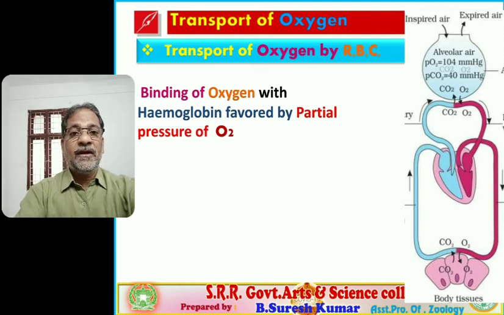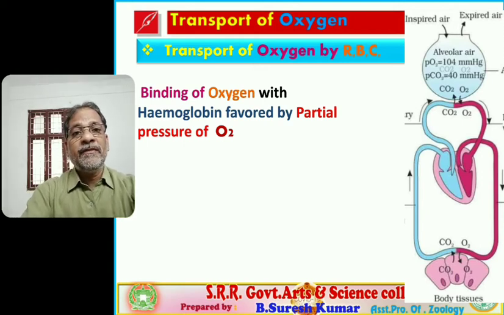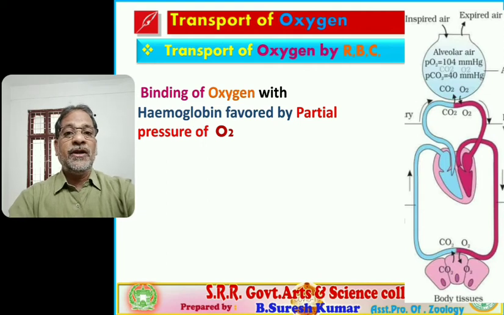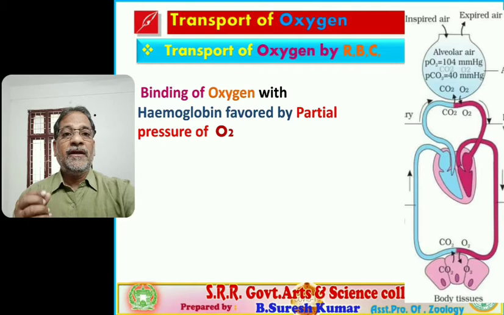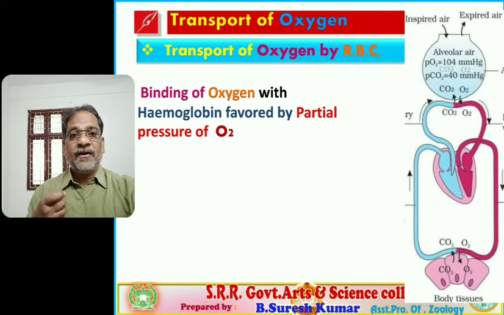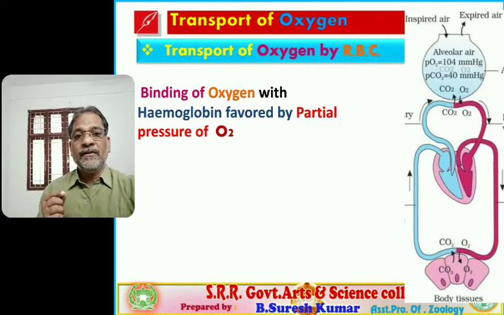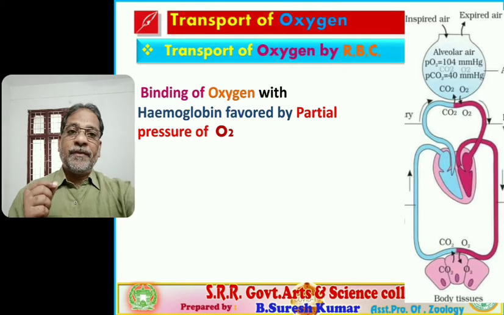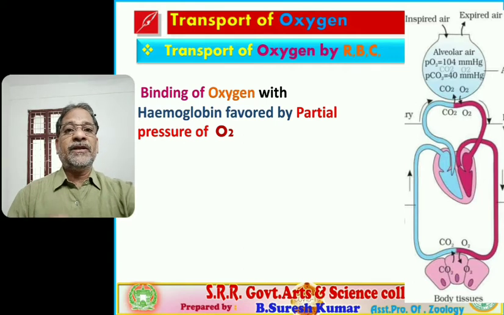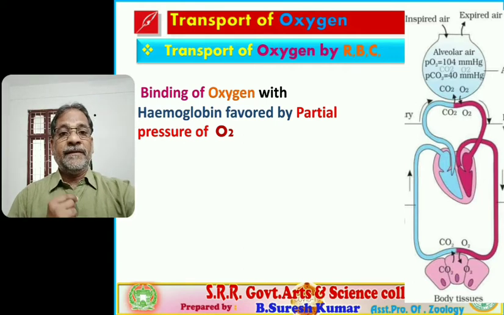You observe, when the oxygen molecule binds with hemoglobin, what factor favors it? The partial pressure of oxygen plays the key role. So the binding of oxygen with hemoglobin molecule is propagated by the partial pressure of oxygen, that is important.